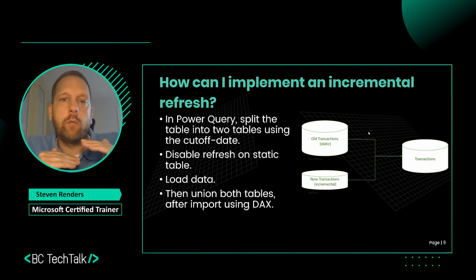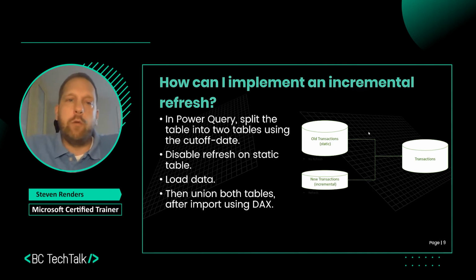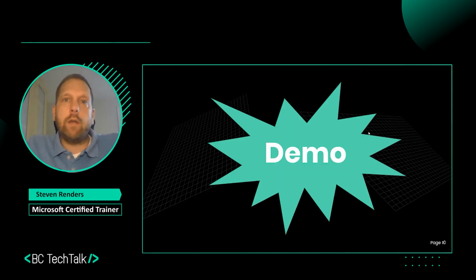There we will split them into two tables, one with the old transactions that do not need to be refreshed, and one with the new transactions that need to be refreshed. Then we'll use some properties inside Power Query to refresh the one and not refresh the other. And then we'll merge them back again into a transactions table on which we can then build the report.